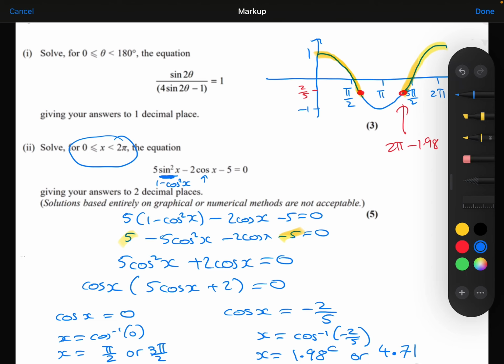So let me just double check that. 2 pi minus 1.98. I thought that looked a bit funny. That should have been 4.30 radians. And these are the 4 answers to that equation.